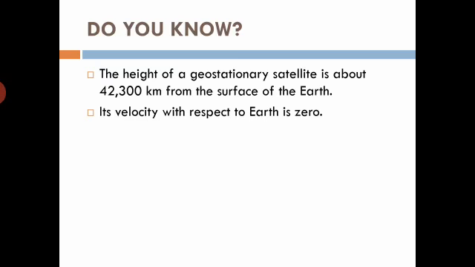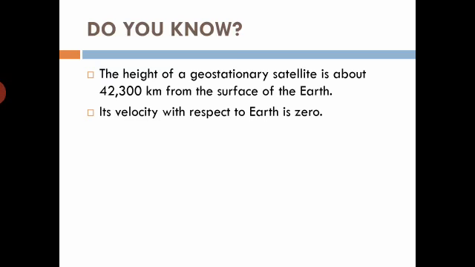Global Positioning System. Global Positioning System is a satellite navigation system. It helps us to find the exact position of an object anywhere on the land, on the sea, or in the air. GPS consists of 24 Earth satellites. The satellites revolve around the Earth twice a day with a speed of 3.87 km per second.